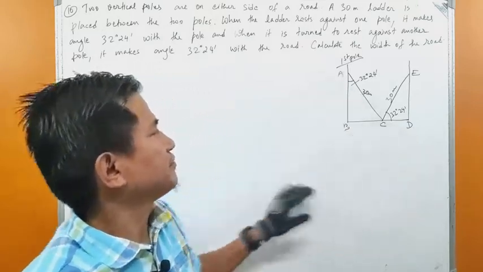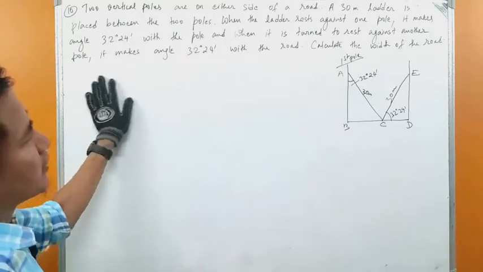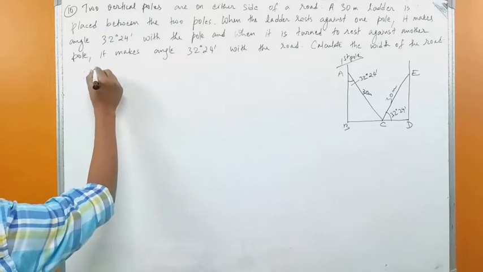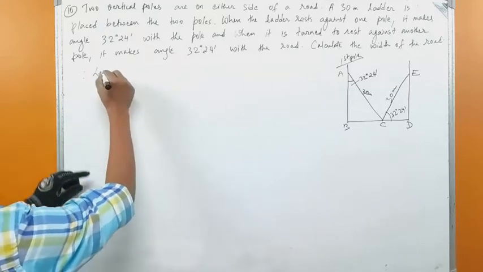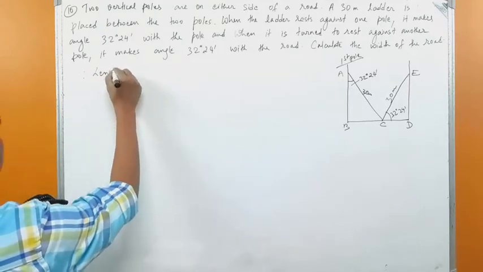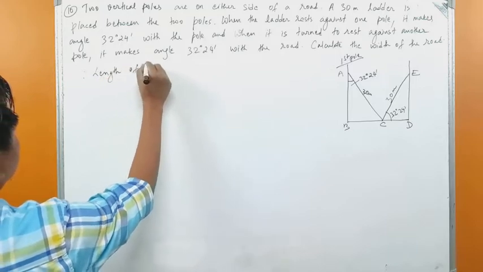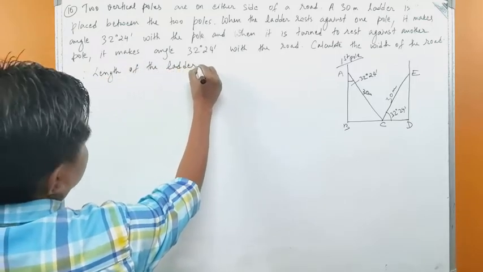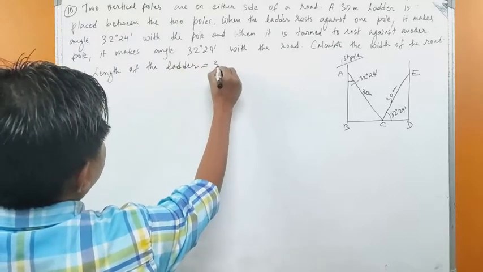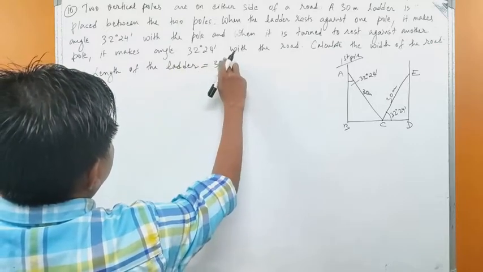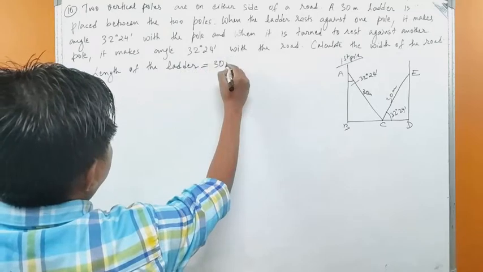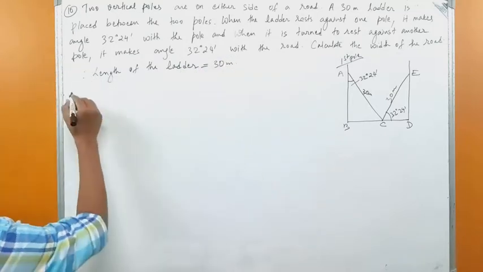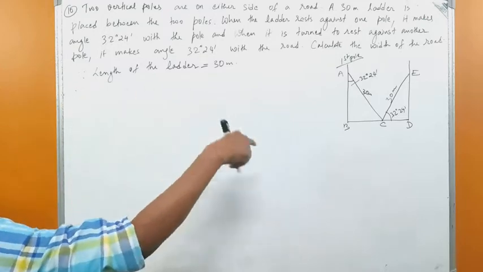There is a ladder and the length of the ladder is 30 meter. Since the length of the ladder equals 30 meter, this is the given condition, and we are asked to find the width of the road. So let us start from triangle ABC.